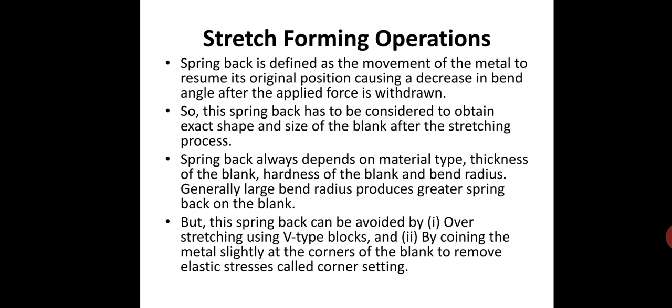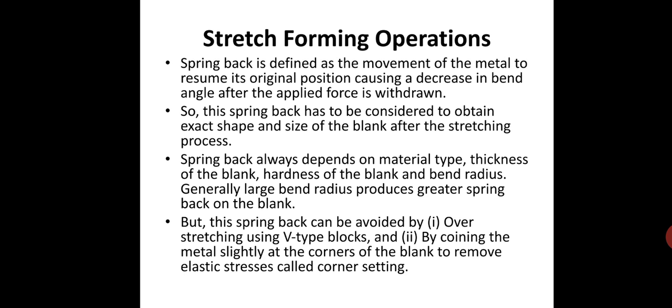Now see the spring back. Spring back is defined as the movement of the metal to resume its original position, causing a decrease in the bent angle after the applied force is withdrawn. The spring back has to be considered to obtain the exact shape and size of the blank after the stretching process.